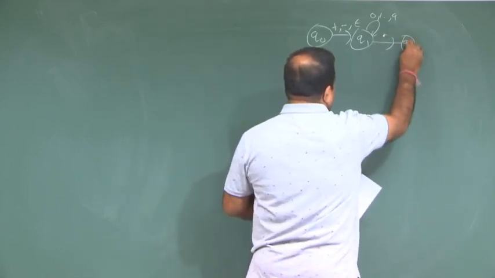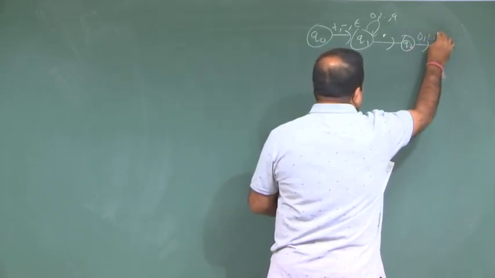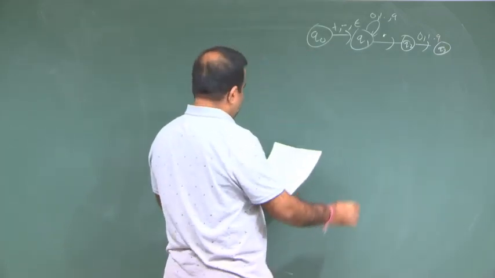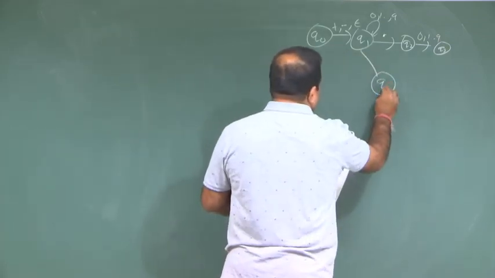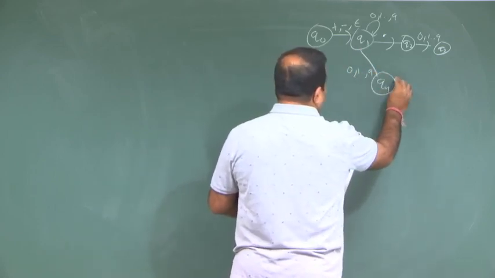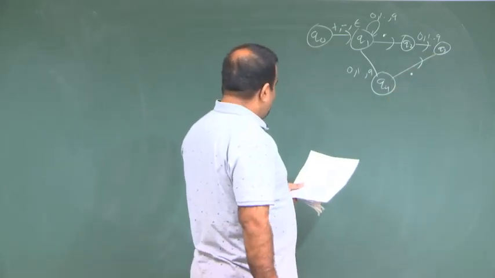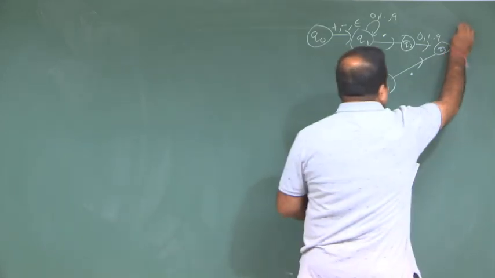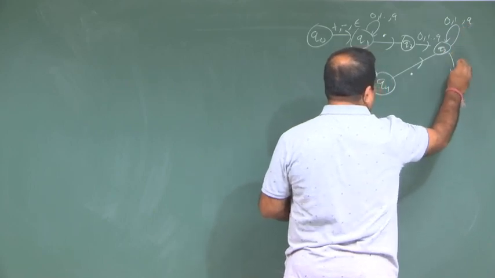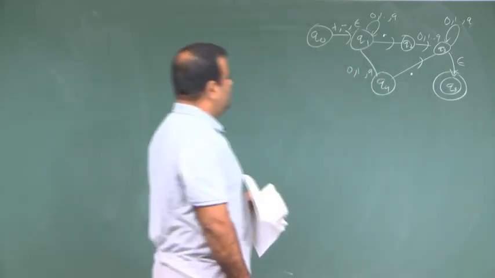We have a dot, q2, and then 0 1 9, we have q3, and then from here we can go to q4 with 0 1 9, and with dot we are going to q5, and with q3 we will hop here with the same input, and then finally from here we are reaching q5, which is the final state.